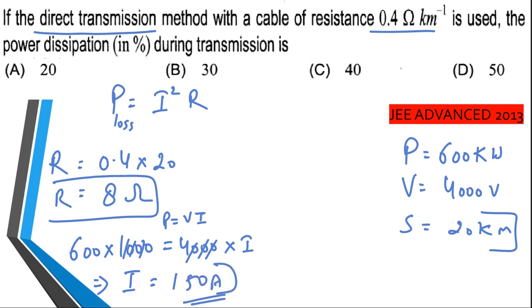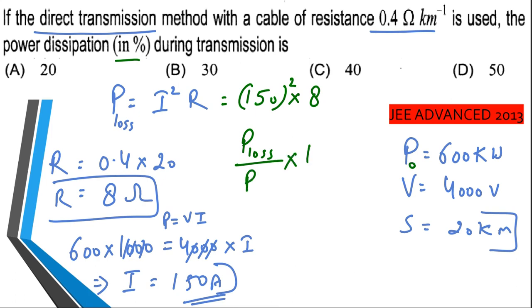Now if we need to find the power loss, we just have to substitute in the formula. We can write power loss equals 150 square into 8. Now this is the power loss, but we are required to find it in percentage. So power loss upon power original, this is the power original which was being produced, into 100. This value we are required to find. Just substitute the values and do the calculations.